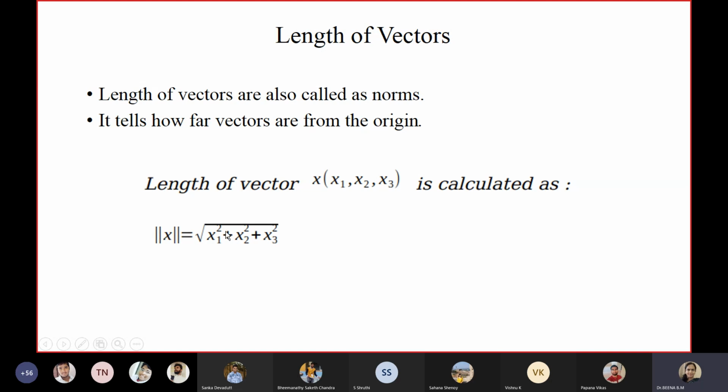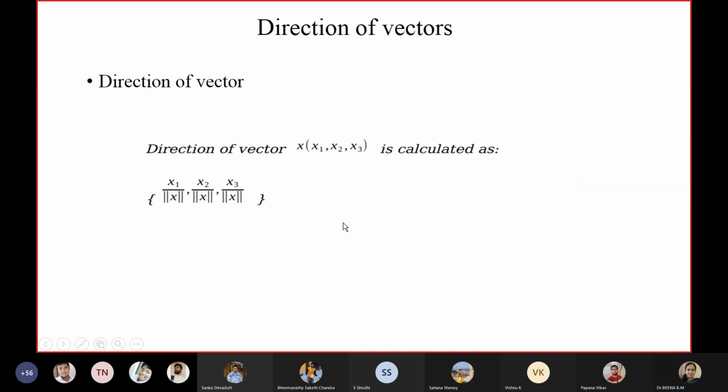Modulus of x is equal to the square root of the different independent inputs, x1 square plus x2 square plus x3 square, etc. The direction of a vector is calculated as x1 divided by modulus of x, x2 divided by modulus of x, x3 divided by modulus of x. So what exactly are x1, x2, x3? These are the independent variables for the model.